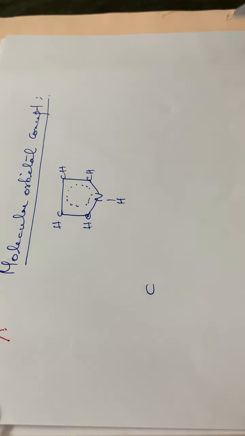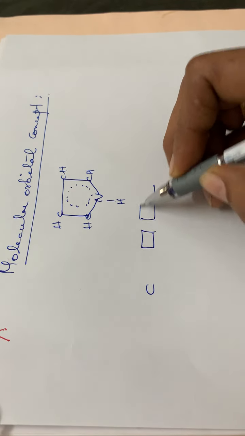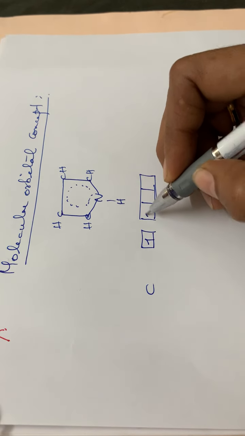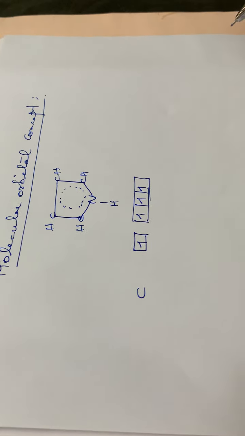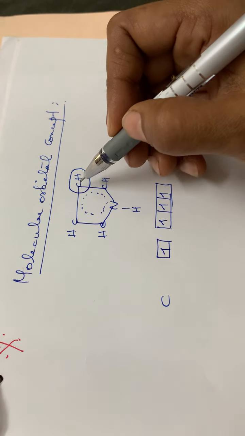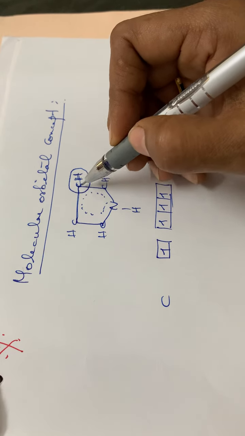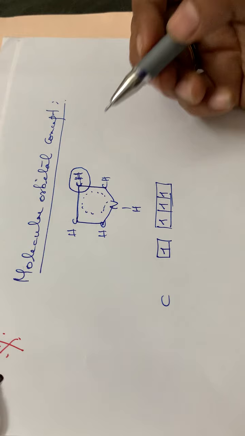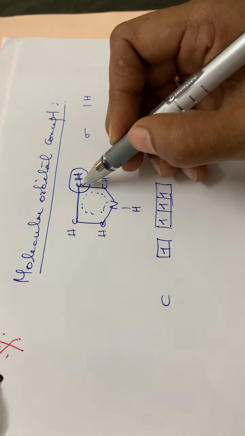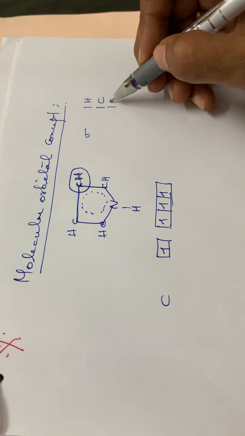Carbon, 1s2, 2s2, 2p2, so the valence configuration is C4. While considering one particular carbon atom, it has a bond with one hydrogen atom, and also with another carbon atom, then with another carbon atom, isn't it? So it will have sigma bonds with one hydrogen atom, one carbon atom, and another carbon atom.